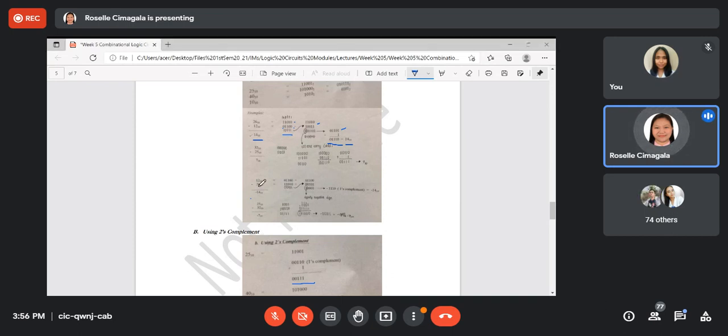If it's negative 14, take note, we take 12 minus 26, meaning our answer is negative.